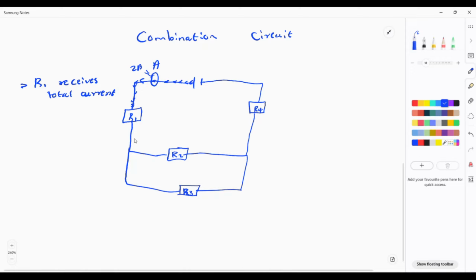Then when that total current of 2 amperes passes, it is going to split. Some of the current will move on the top branch, and some of the current will move on the bottom branch. The way they split is determined by the amount of resistance. The higher the resistance, the lower the current.